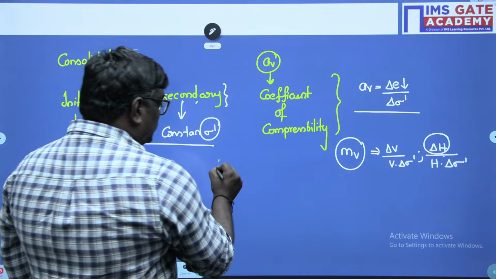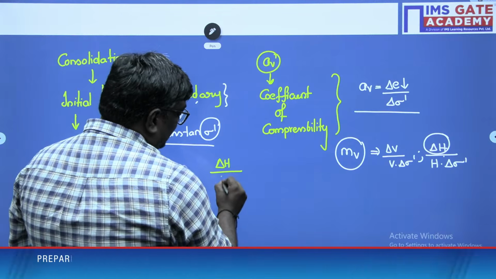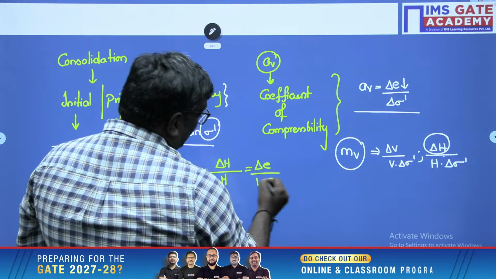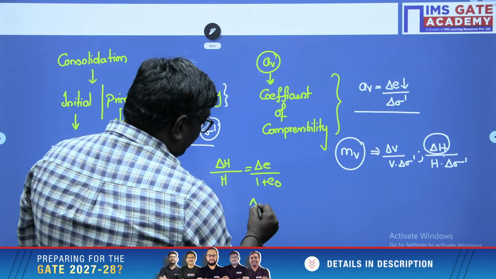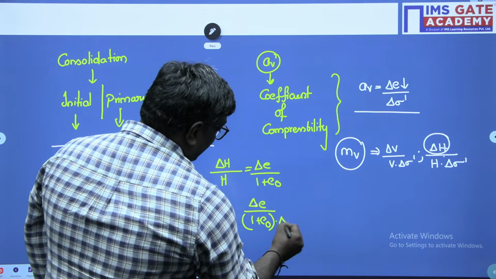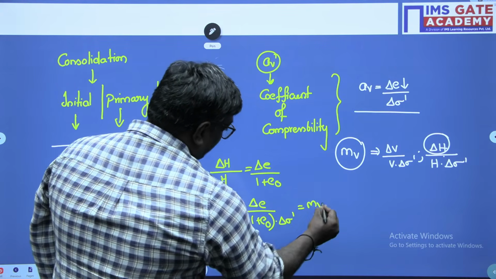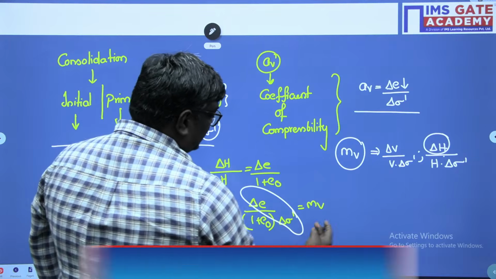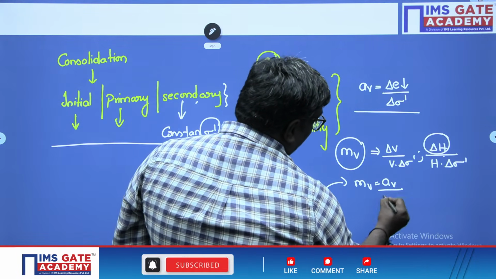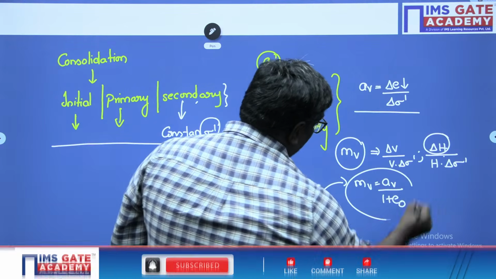Now, my dear students, we already have the height of solids method. Delta H by H is equal to delta E by 1 plus E naught. If you plug in there delta E by 1 plus E naught into delta sigma dash is equal to MV. But what is delta E by delta sigma dash? It is nothing but AV. So MV can also be written as AV upon 1 plus E naught.